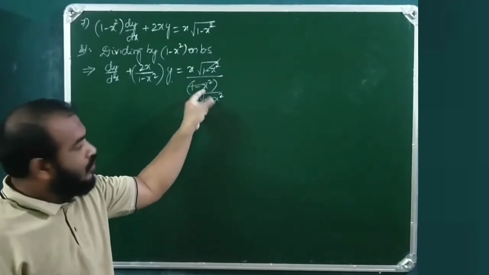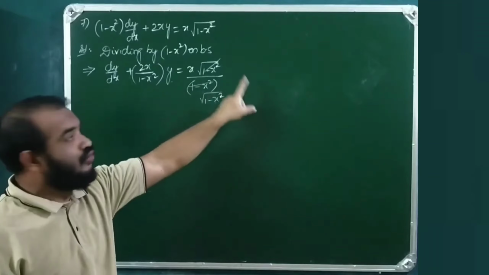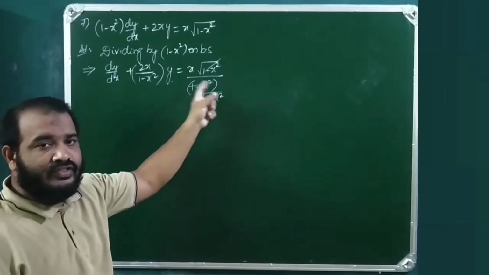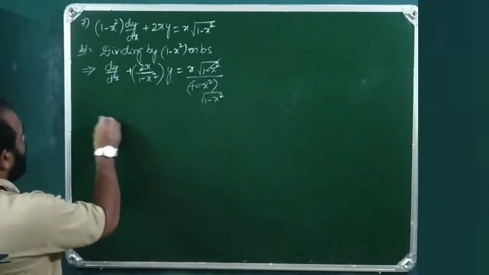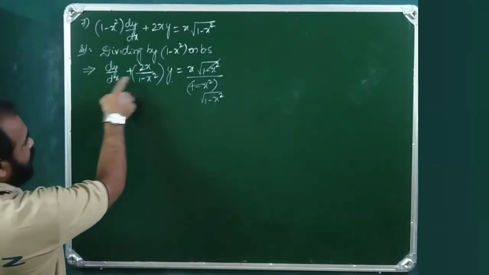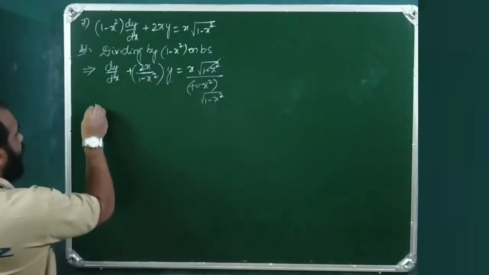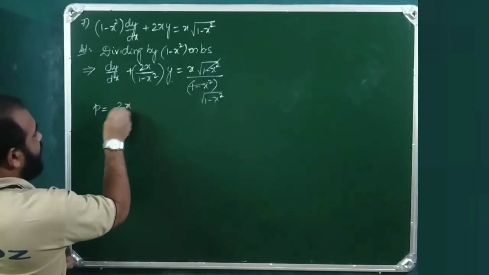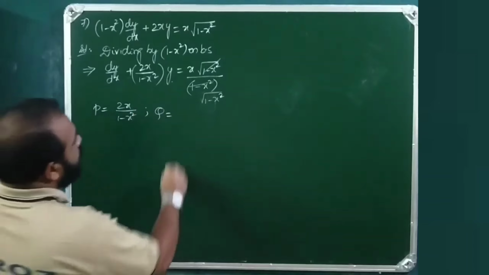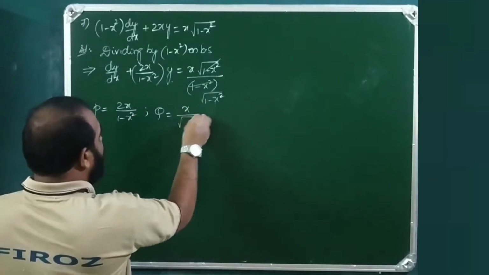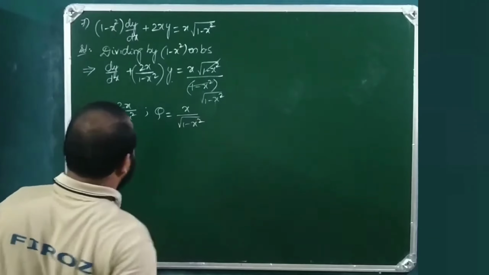Root 2 by 2, 2 can be written as root 2 into root 2, so root 2 gets cancelled. We are left with root 1 minus x square. So this is of the form dy by dx plus py equals q, where p equals 2x by 1 minus x square and q equals x by root of 1 minus x square.